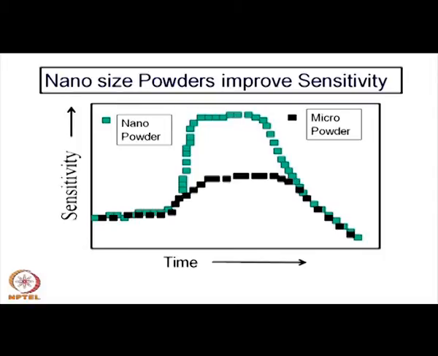But as I said earlier, these are the two oxides mostly used, and this is micron size powders, and this is nano size powders, and you can see a fair amount of enhancement, all other parameters remaining same. Just by changing the particle size of the ceramic powders used for the fabrication of the sensor, one can improve the sensitivity. So, that is an important aspect that must be remembered in designing the sensors.